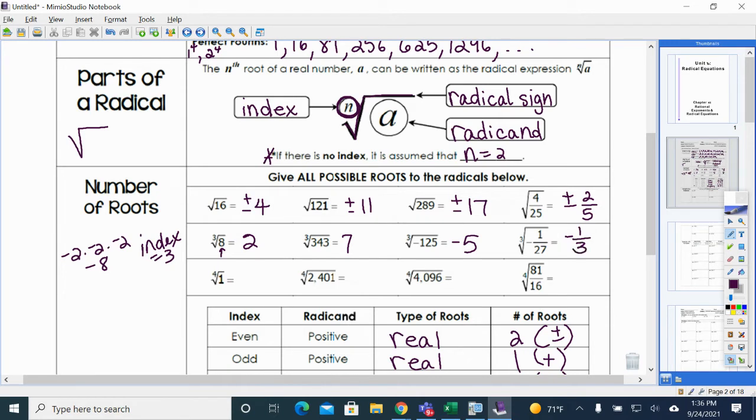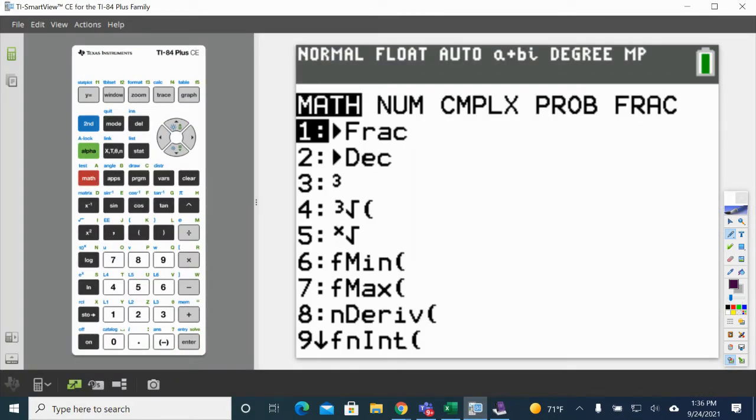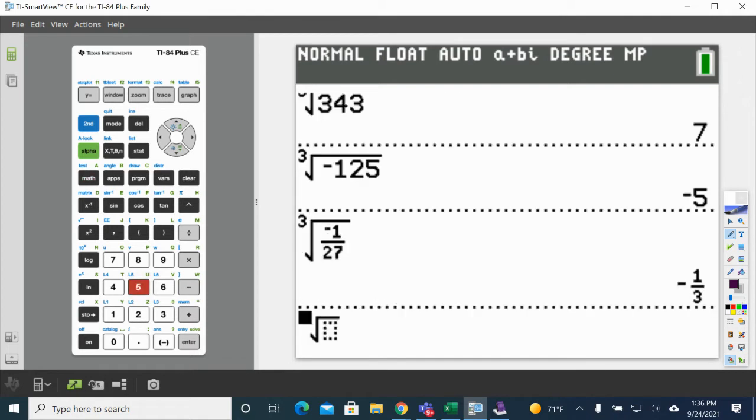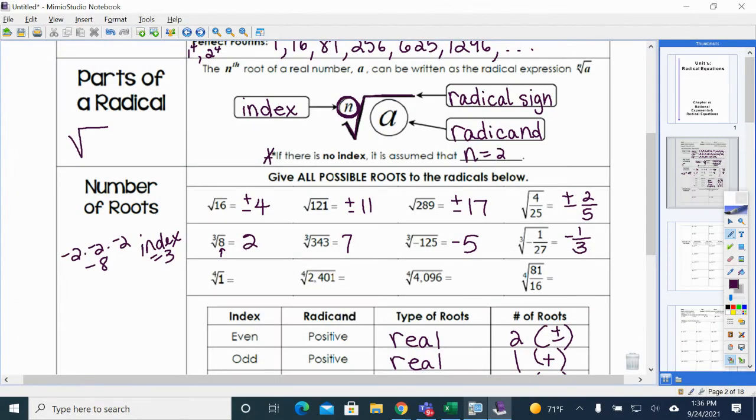And then the last row here is the 4th root of 1. So to do 4th root, we're going to go to Math. You're going to select number 5. We're going to have to put in the 4 and then the 1. So I've got the 4th root of 1 is just 1. And you're going to have to trust me on this one.